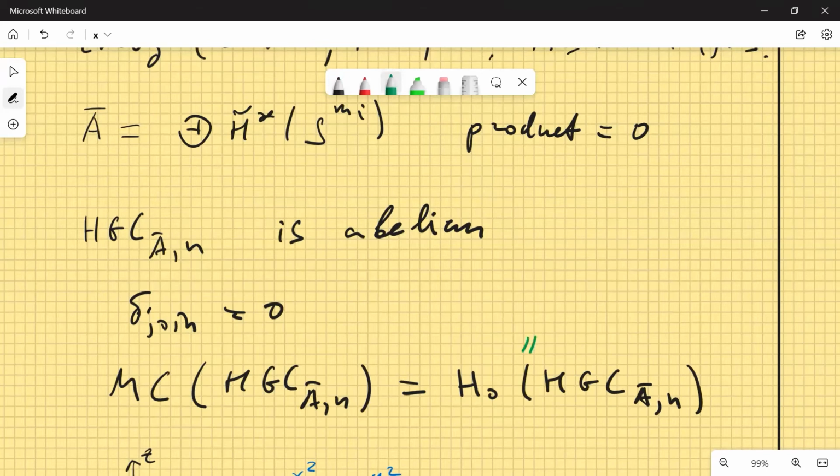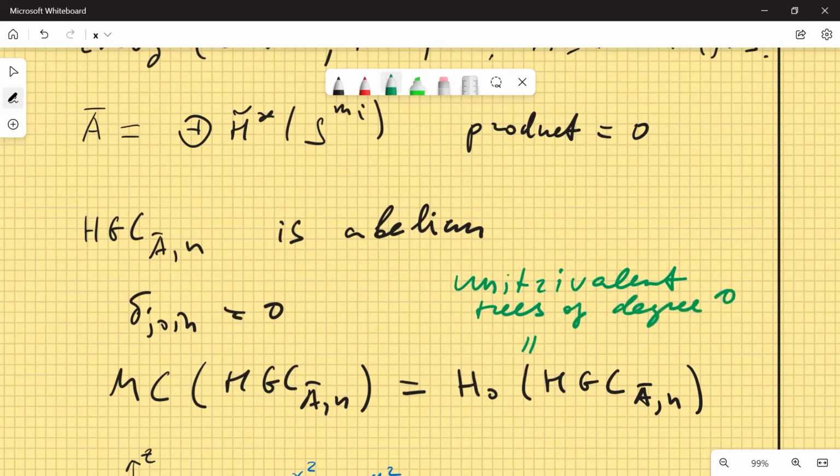So this set is just unitrivalent trees of degree 0 modulo the IHX relation.